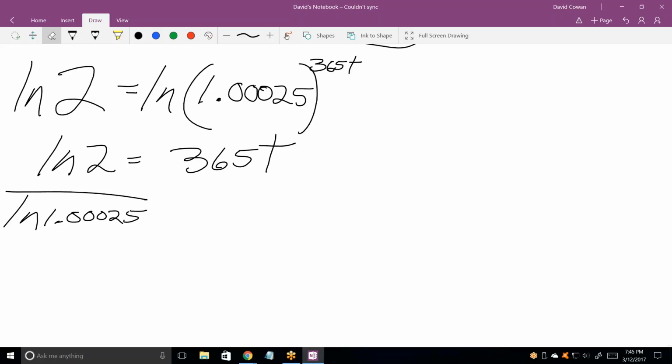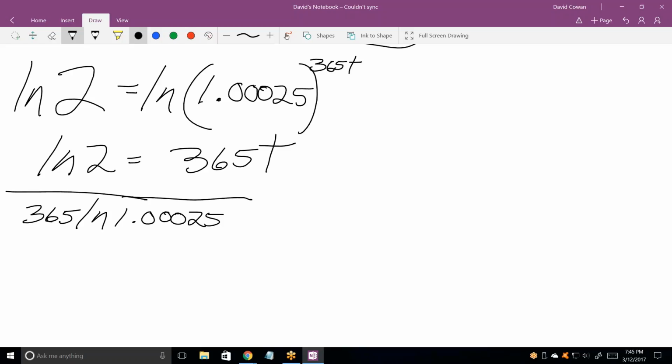Now, one last thing to get t. Divide by 365? Yeah. Let me rewrite it; I've written it too far to the left here. When I divide both sides by 365, that 365 becomes a multiplier on that natural log.